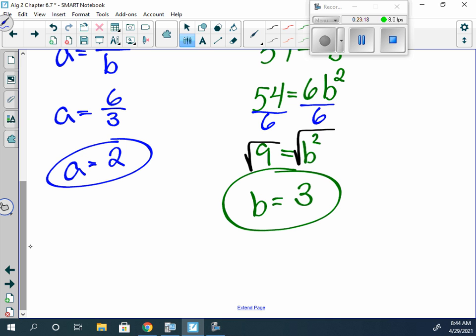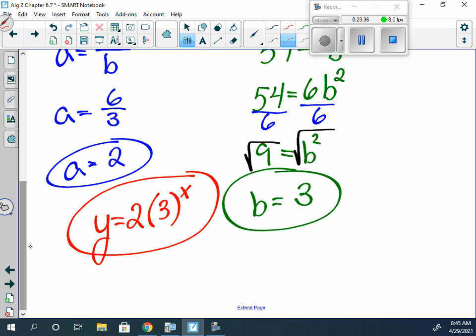And our exponential function is y is equal to a times b to the x. So for us here, y is equal to 2 times 3 to the x. So the function is y is equal to 2 times 3 to the x. And that's our answer.